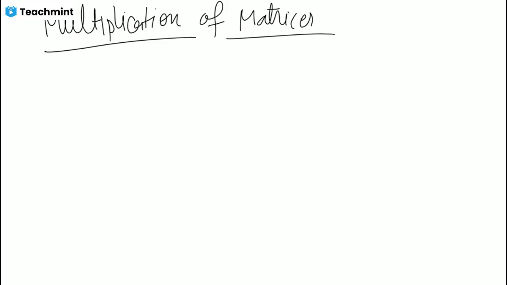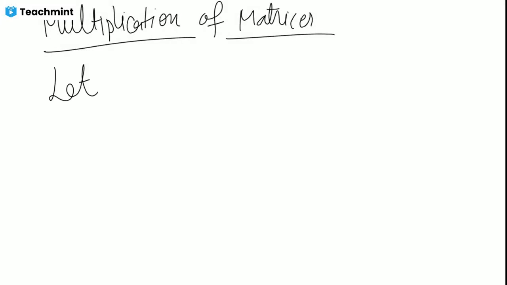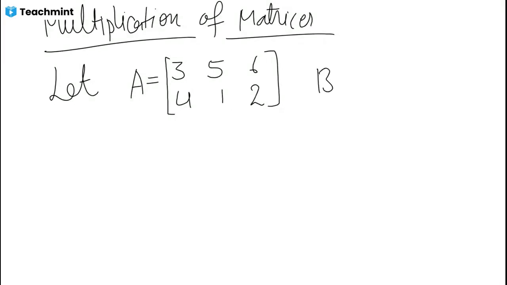So let us start. Let matrix A have elements 3, 5, 6, 4, 1, 2, and matrix B we have 7, 3, 2, 5, 4, 1.